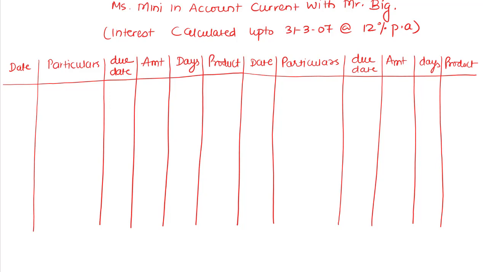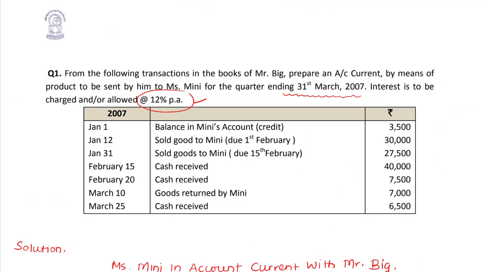Let us begin with the question. On 1st January 2007, the balance is given. Balance in Minnie's account, it's a credit balance of 3500.